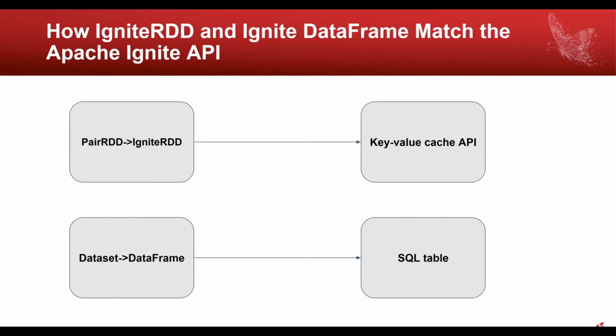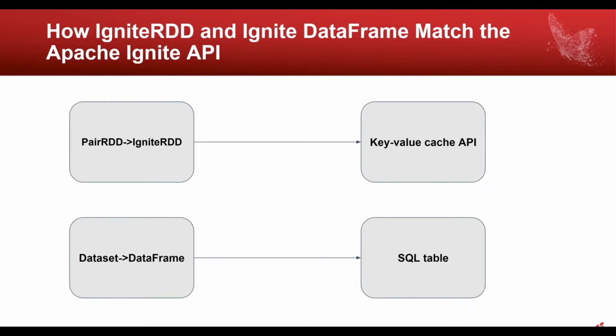When we work with DataFrame, we will not have any key or value because DataFrame is a representation of a relational SQL table, and it can be easily matched to an Apache Ignite SQL table. You can see that an IgniteRDD instance will be matched to a pair RDD in Spark, and DataFrame will be matched to some dataset collection in Spark.